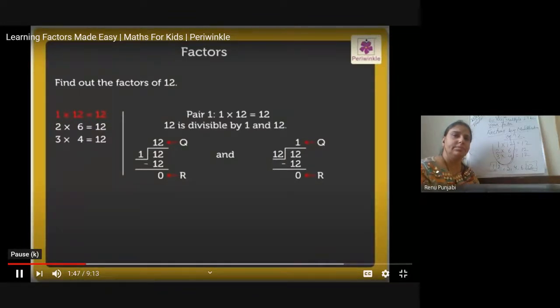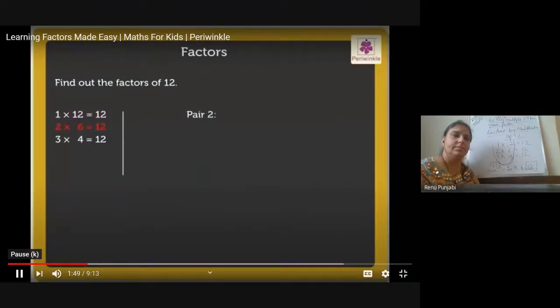Pair 2. 2 into 6 is equal to 12. Here, when we divide 12 by 2, we get the quotient as 6. You are observing here, when we are dividing, we are getting no remainder. It means that the number is exactly divisible by the other number.